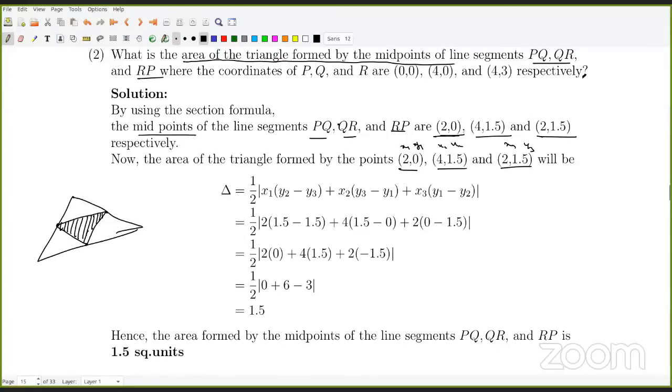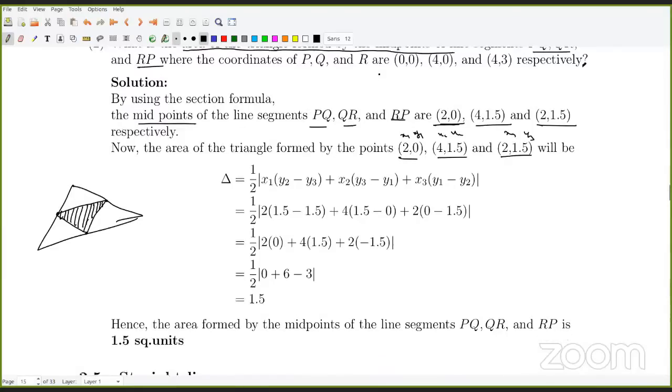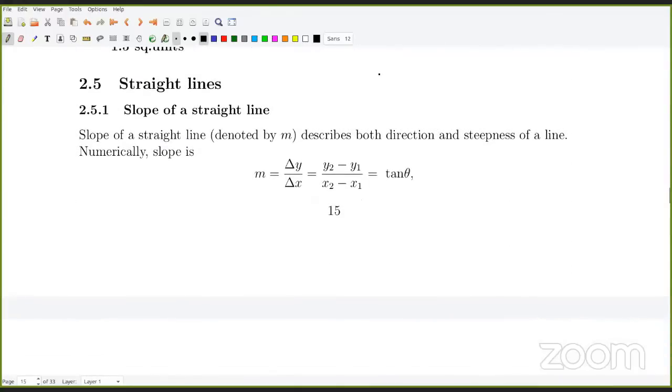These are not the points P and Q. These are the midpoints of these line segments PQ, QR, and RP. Now we move to straight lines.